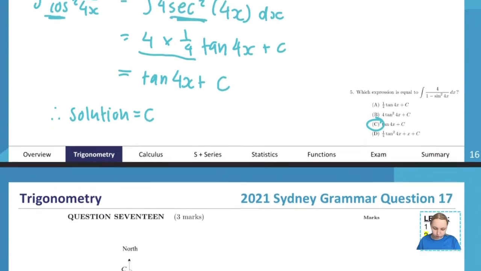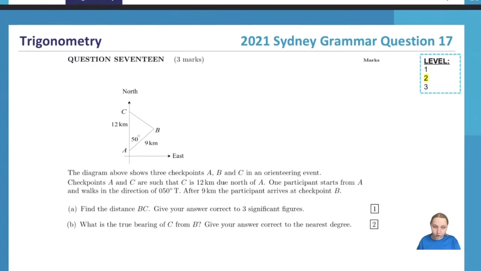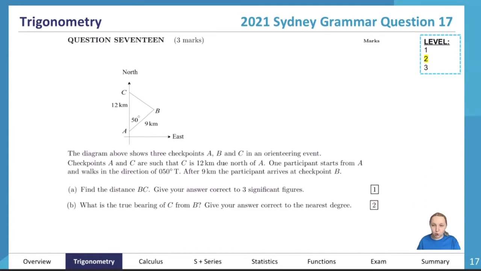Okay, so this one I would also rate a 2 in terms of difficulty. We've got the diagram above shows 3 checkpoints, A, B, and C in an orienteering event. Checkpoints A and C are such that C is 12 kilometers due north of A. One participant starts from A and walks in the direction of 50 degrees true.